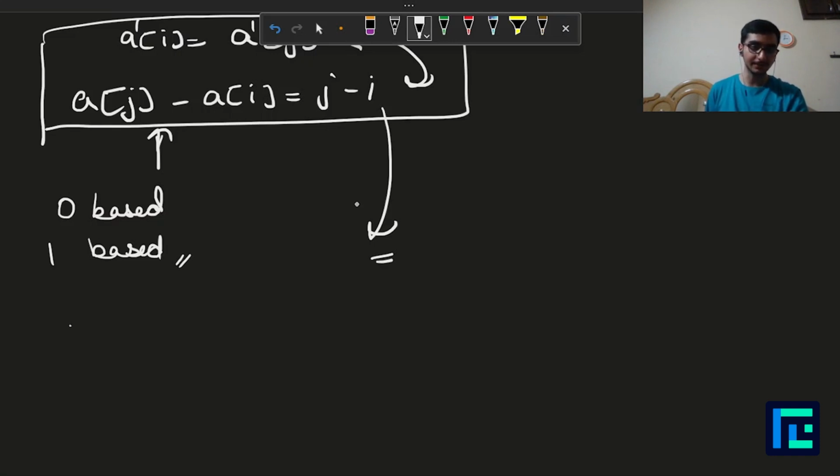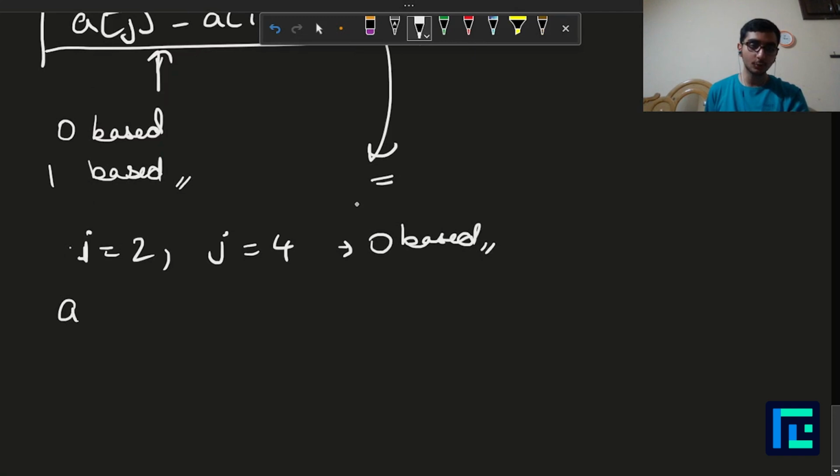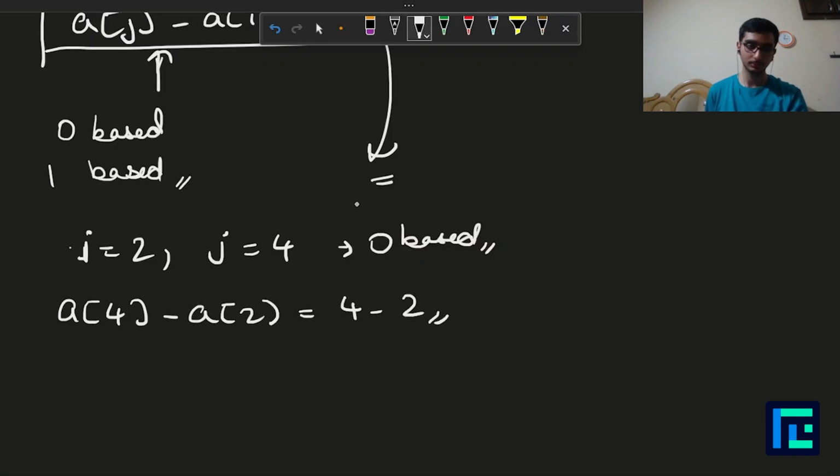Let's say I had i equals 2 and j equals 4 in zero based indexing. So my equation would be A of 4 minus A of 2 equals 4 minus 2, right?